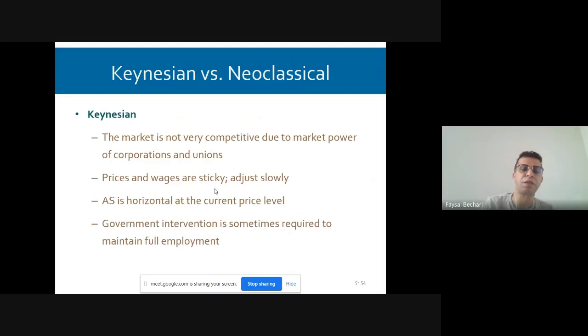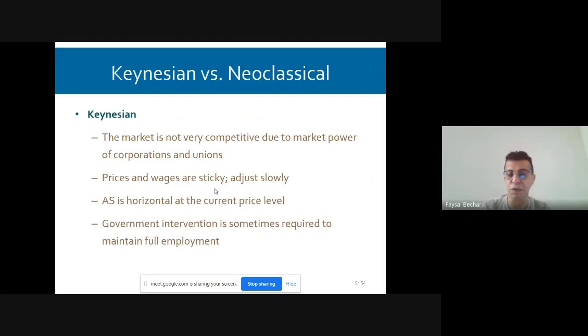So the market is not perfect. Prices and wages are sticky. When prices go higher, it's very difficult to lower them, and when salaries are higher, they're sticky too; they don't change very smoothly.